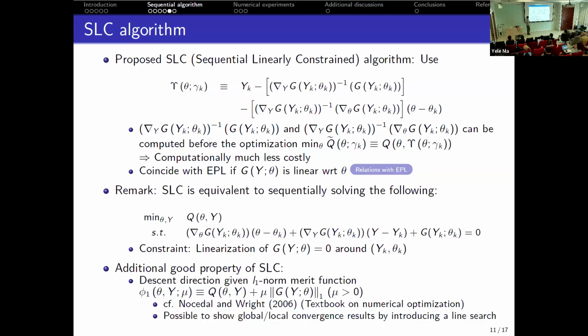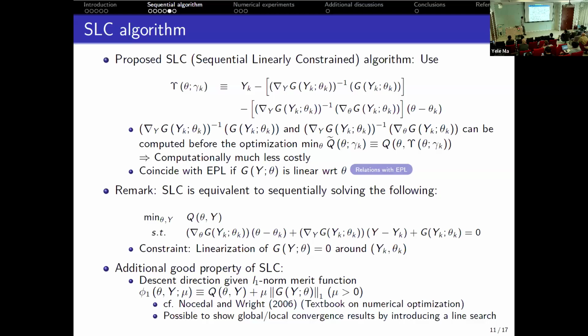However, in the case of this mapping, these two vectors do not directly depend on the value of theta. And so it implies that we can completely compute the value of the two vectors before the optimization step. So in that sense, we can largely reduce the computational cost, and SLC is computationally much less costly.